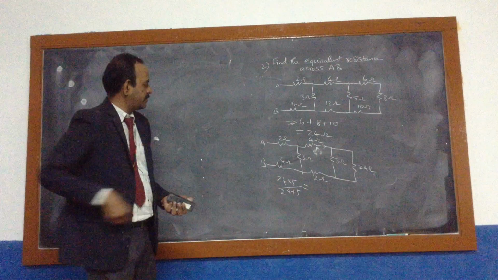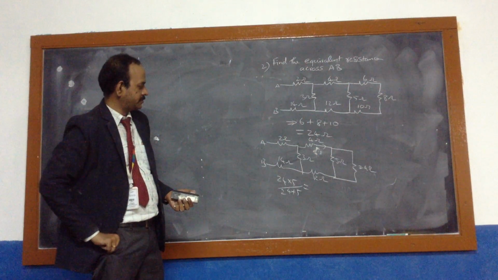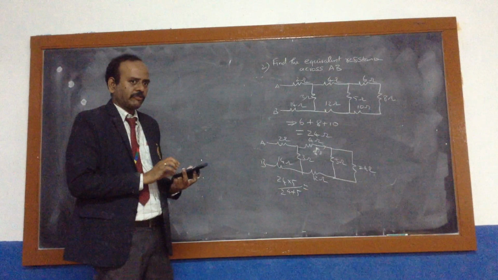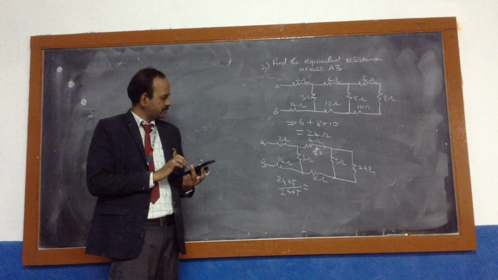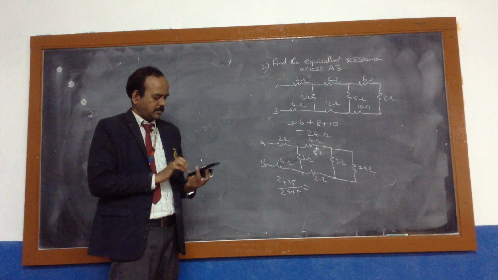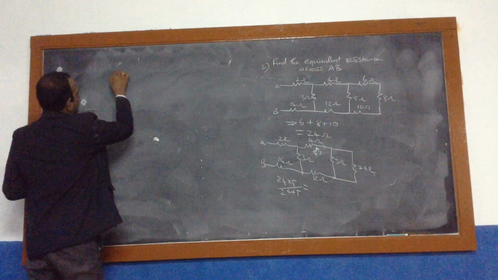Just to calculate this, 24 parallel with 5, we are getting 4.13. So we redraw the circuit.